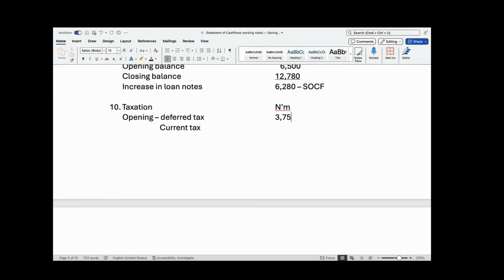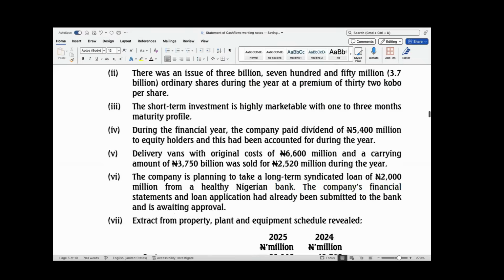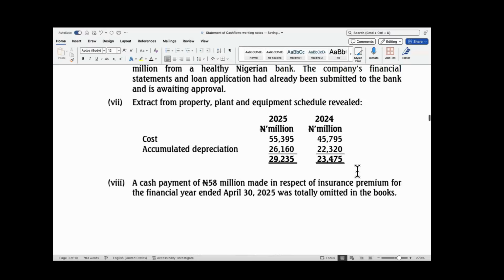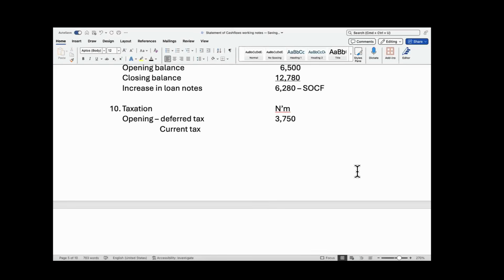What was the opening of the current tax? That's 8,460.